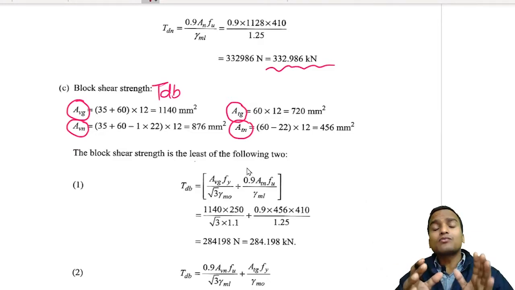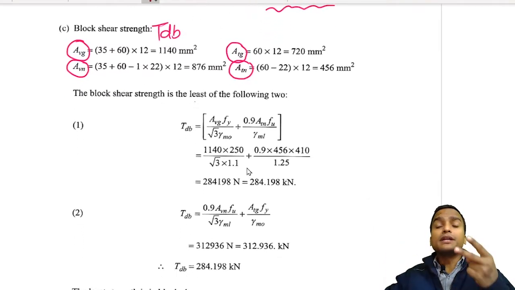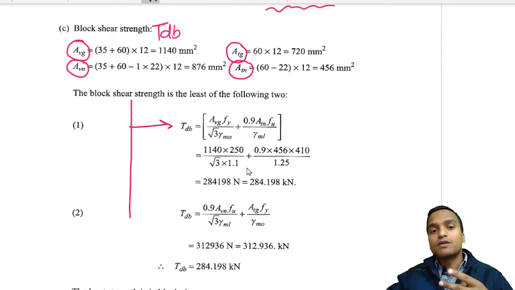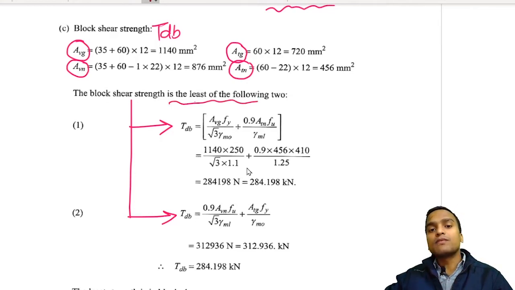After calculating all these four values, we can use them in two formulas of block shear strength. The first formula is this, the second formula is this, and Tdb, or the block shear strength, is the least of the following two.